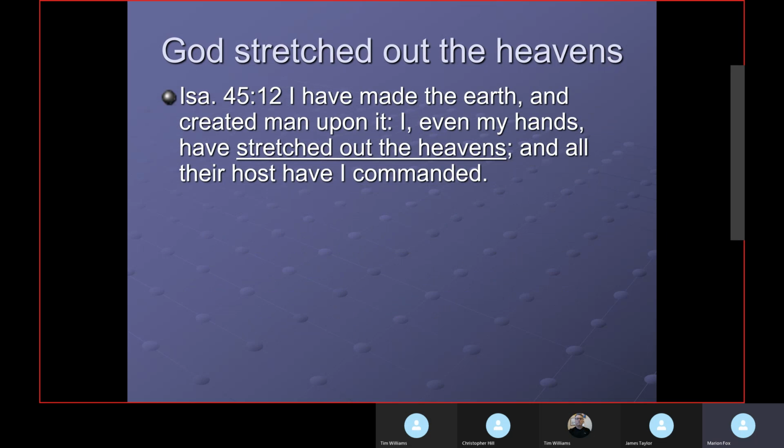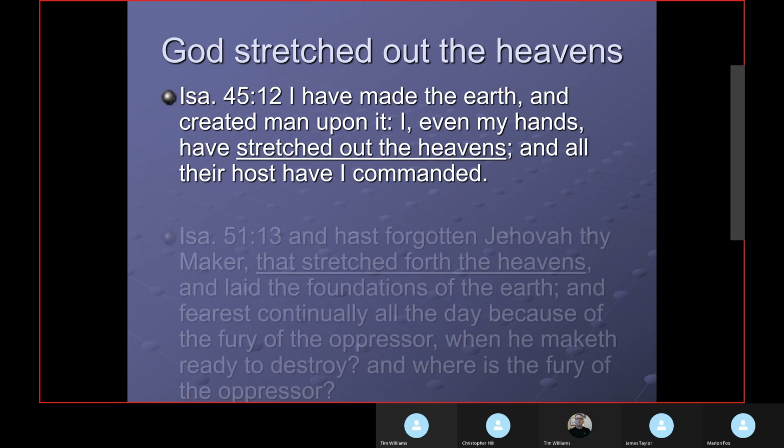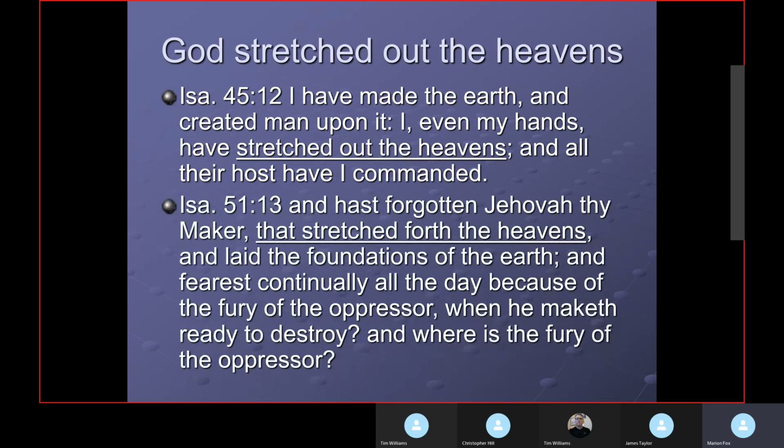In Isaiah 45:12, I have made the earth and created man upon it. I, even my hands, have stretched out the heavens, and all their hosts have I commanded. Again, the heavens are stretched. Space is stretched, apparently.